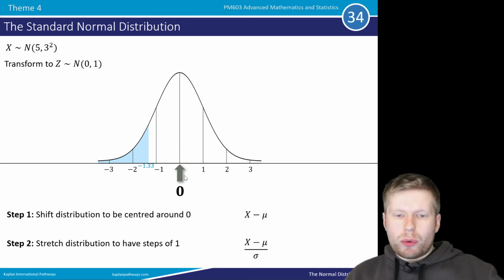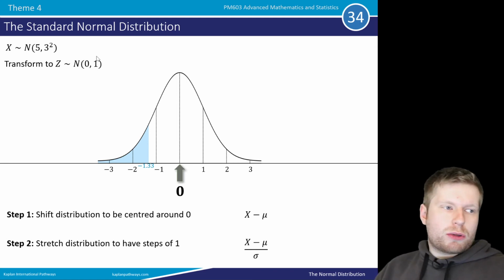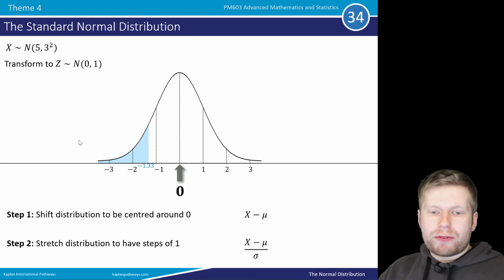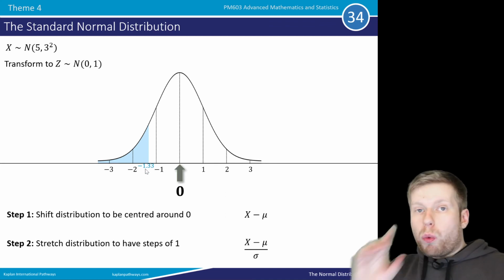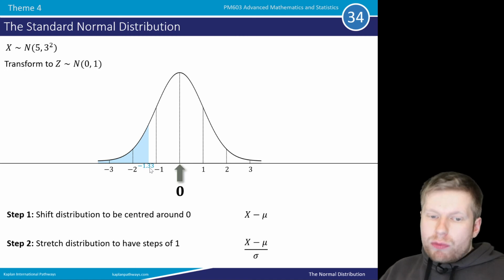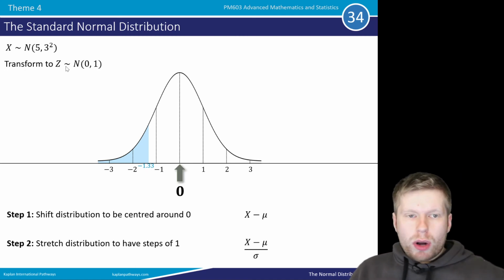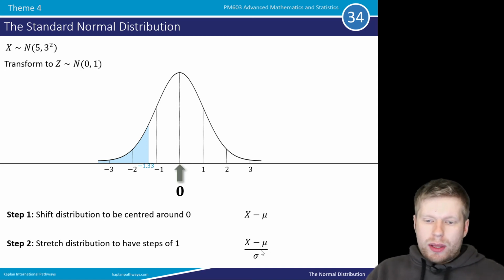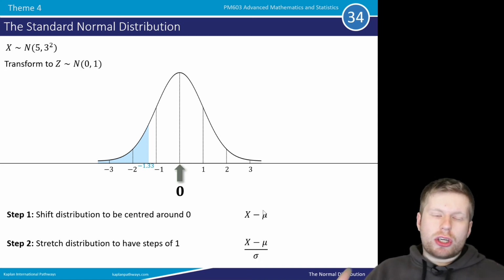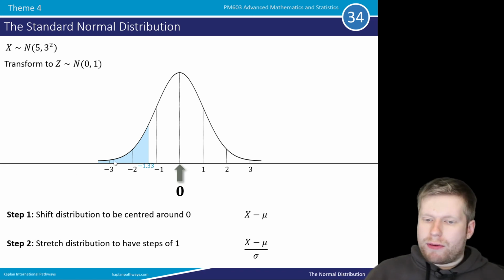Now you notice that by doing so, we've transformed that value, which was the probability that x was less than or equal to 1, the probability that we were after, and it's now telling us that 1 on x is actually just -1.33 units of standard deviation below the mean, okay? Literally all I've done is take 1, take away the mean, divide by the standard deviation, and tell myself how many units of standard deviation above or below the mean that value is.